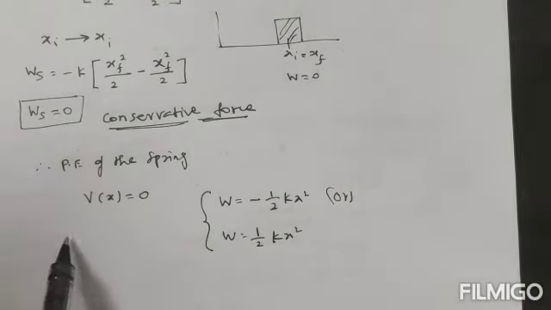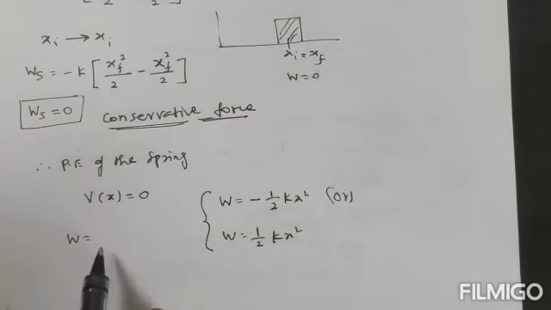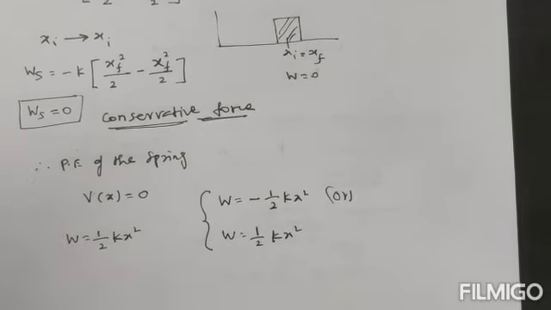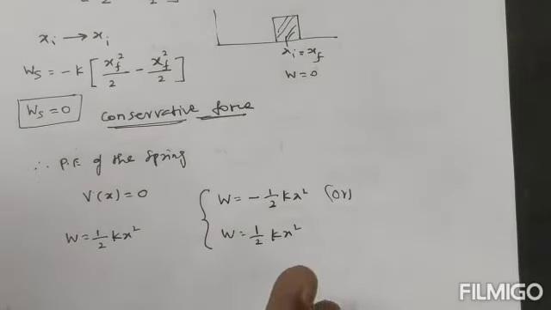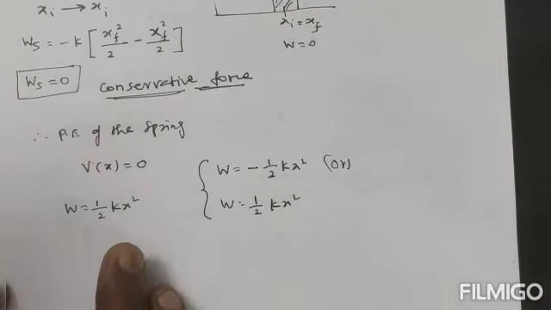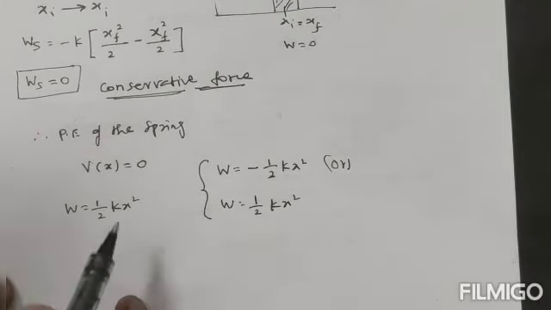For my convenience, I'll take W is equal to half kx squared, because due to the conservative force this work done got 0. So I'm going to derive the force value. Let's see now.